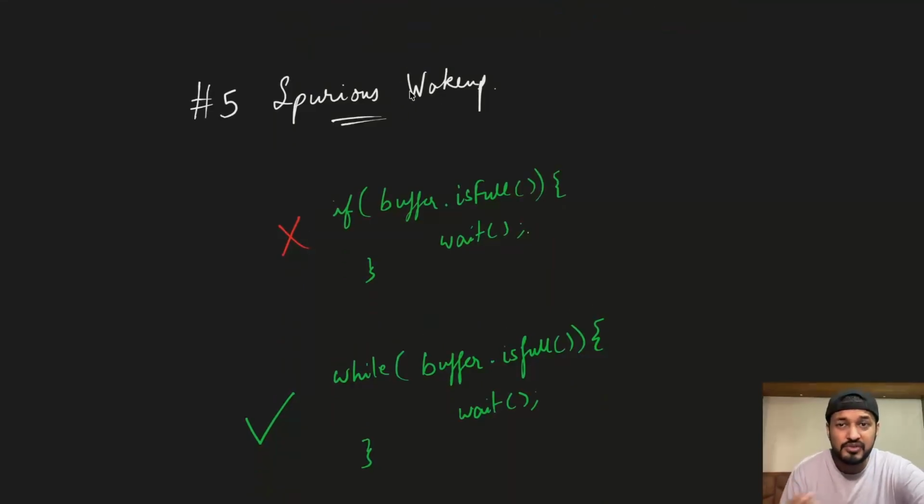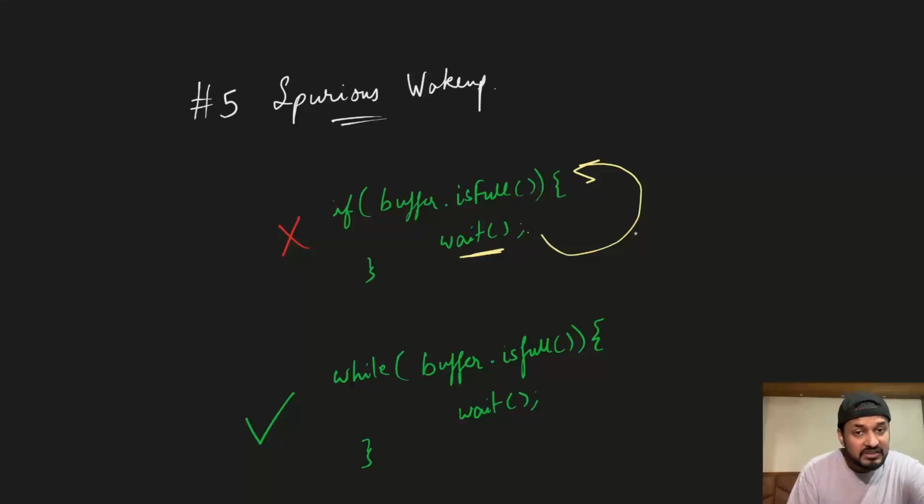This is something most developers don't know. What happens? A thread can actually wake up spuriously, meaning a thread can wake up from the wait state even without being notified. This is a known behavior of the JVM and operating system, right? So if a thread is woken up without being notified and you are using an if statement to check whether the buffer is full or not, what will happen?